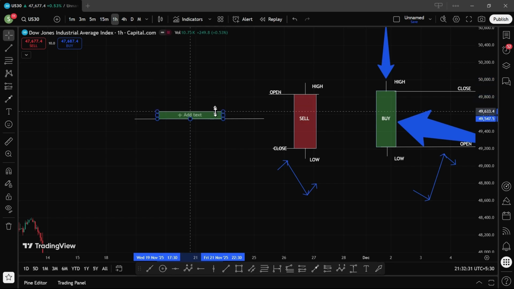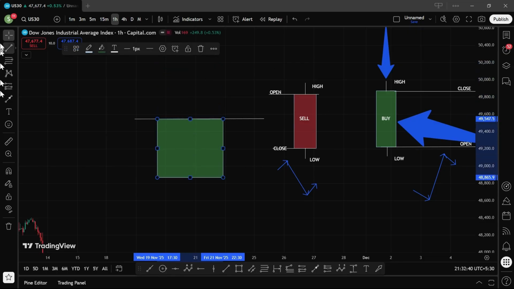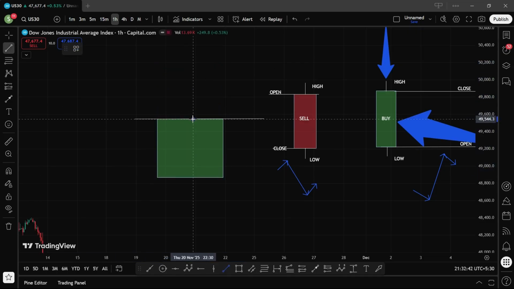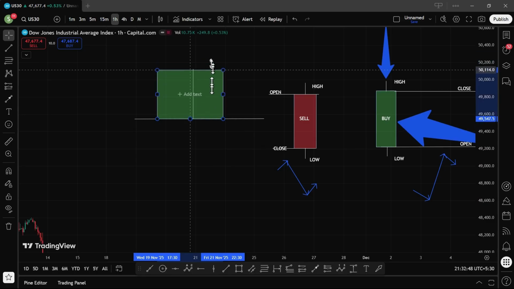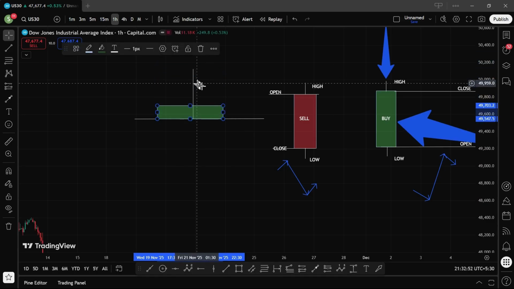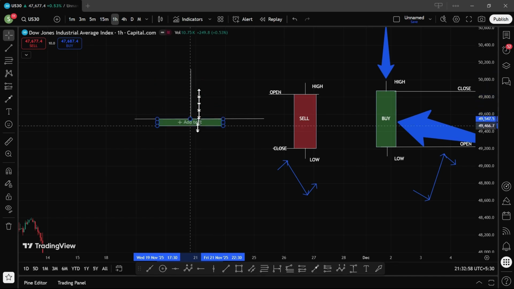Whatever point the candle touches becomes a high or the low of that candle. If the body doesn't close there, it becomes a wick. Like in this case, the candle went up, touched a point and came down, and that became its wick.